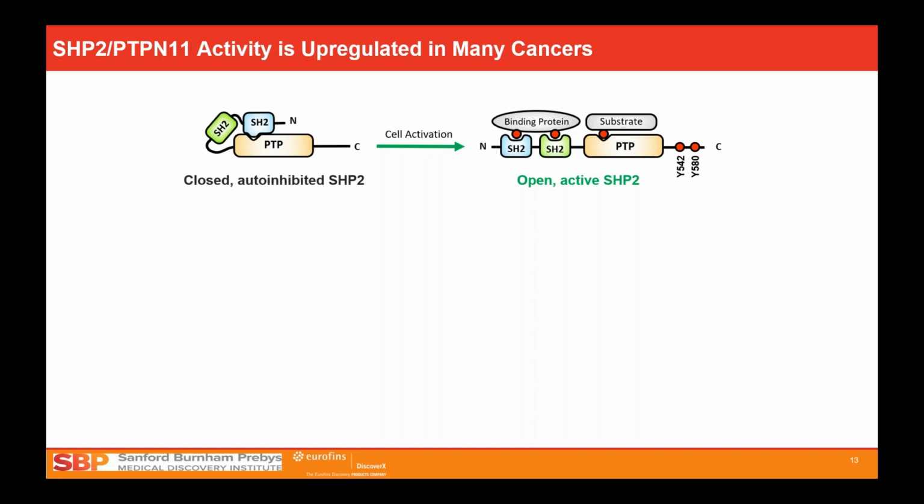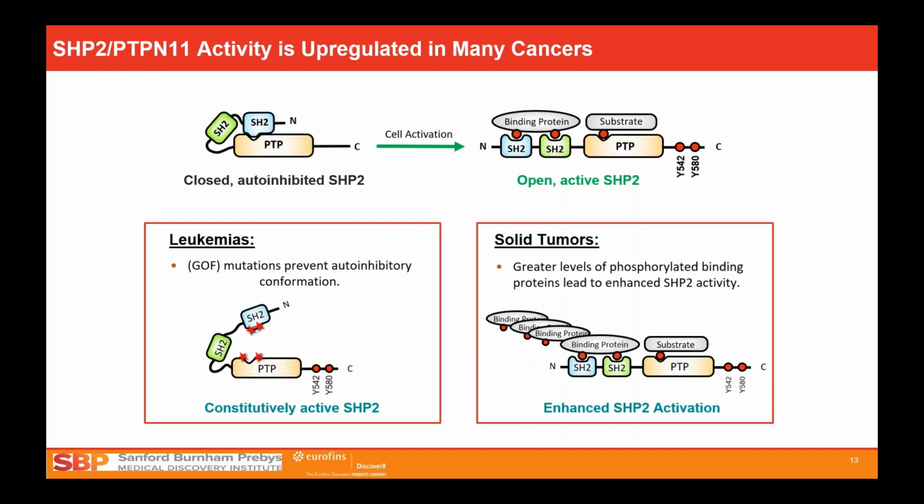Upon receiving activation signals and engaging with binding proteins, the SH2 domains actually bind to phosphotyrosine residues, and this exposes the catalytic domain to allow it to dephosphorylate substrate proteins. So in this open engaged state, this is the functional form of SHP2.